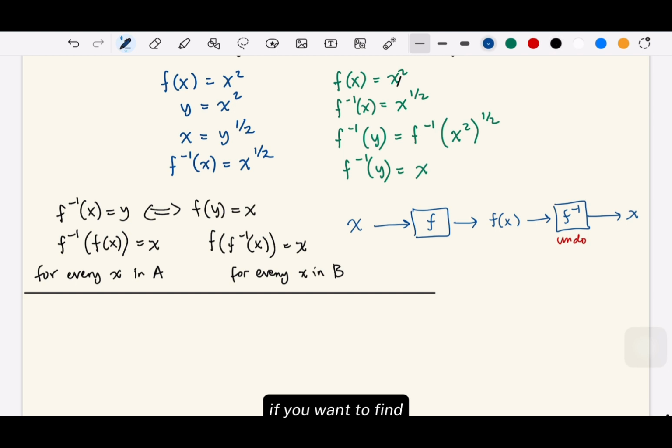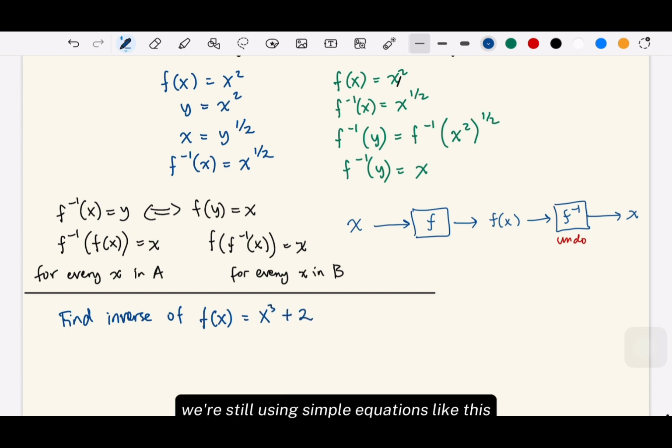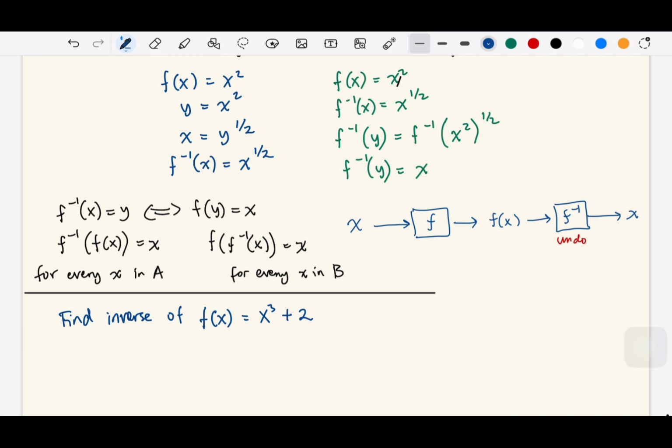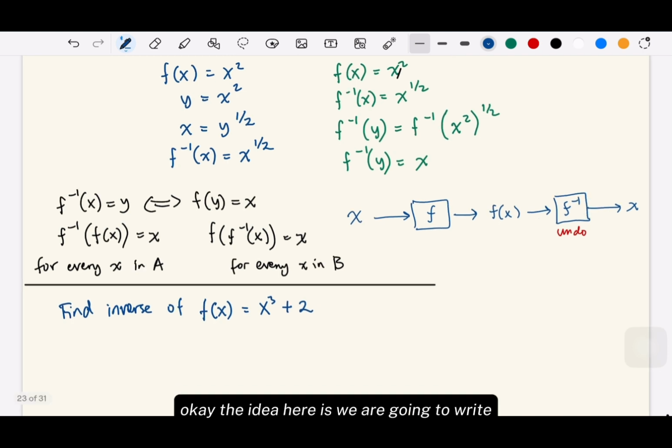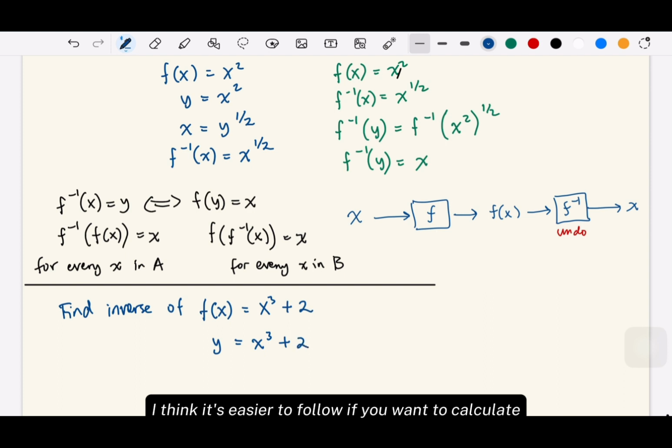So for example, if you want to find the inverse of the function x cubed plus 2, I'm still using simple equations like this. The idea here is we are going to change f of x to y. I think it's easier to follow if you want to calculate.